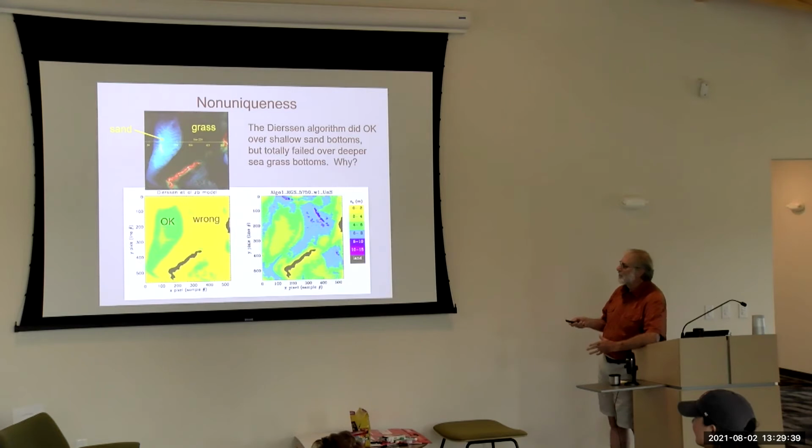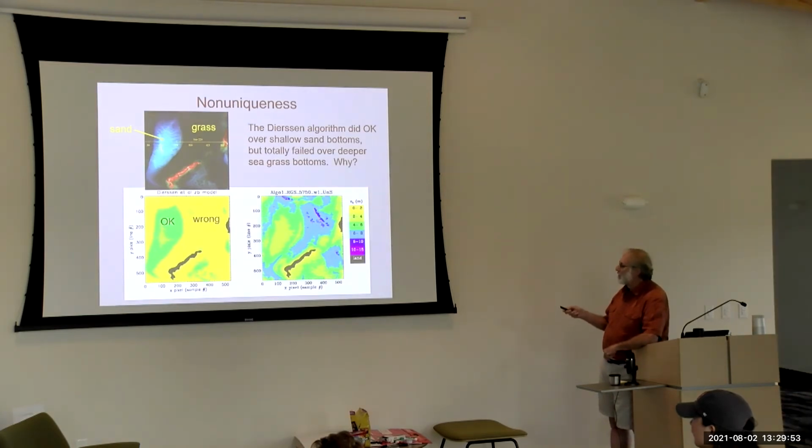So I take the Dearson algorithm, I apply it to each pixel in this image, and I do a perfectly good retrieval over the sandbar. So it says at the shallowest part here, it's like 2 to 4 meters deep. A little bit deeper area here, it's 4 to 6 meters deep. Perfectly correct.